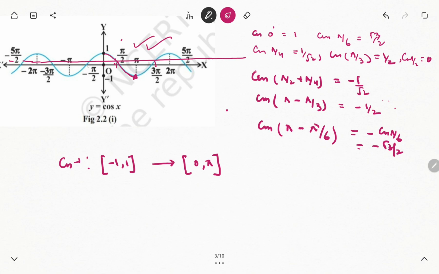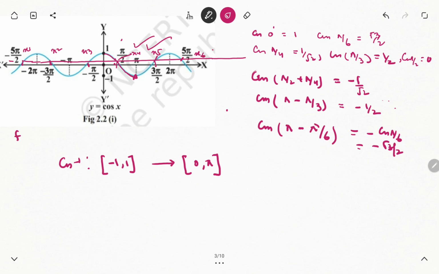Above the origin y is positive. If we take this point as x1, this as x2, x3, x4, and this point x5, this point x6 on the x-axis, right?